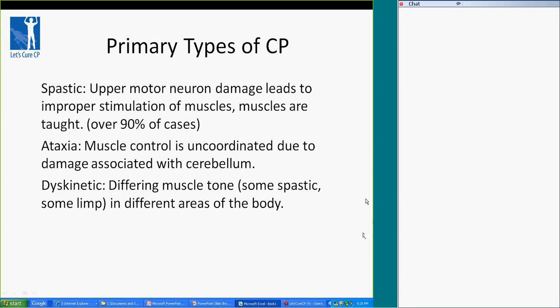Damage in the cerebellum causes certain speech disabilities and problems with fine muscle control. And the final type is the dyskinetic, which gives you differing muscle tone in different areas of the body. And that's very difficult to treat, but thankfully it's a fairly rare form of CP. Let's go to the next slide.